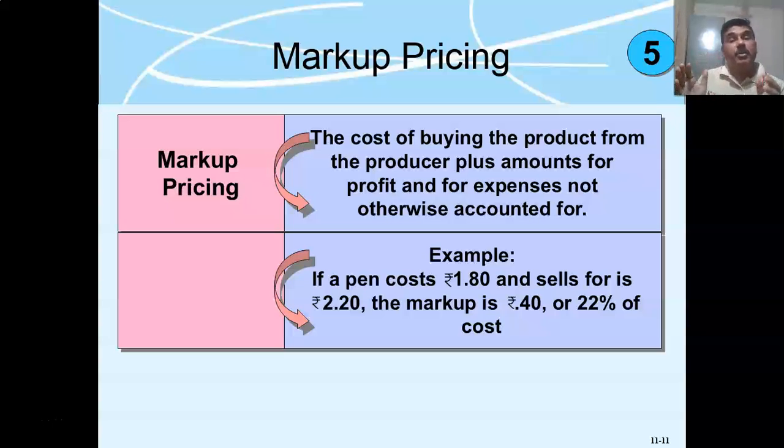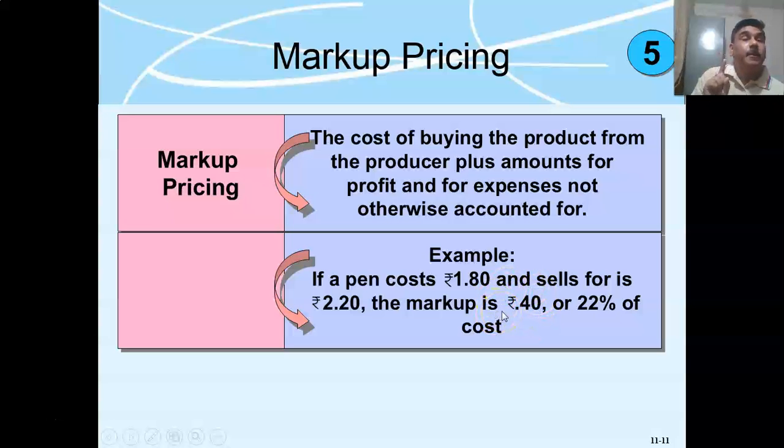So for example, if for producing a pen the cost per unit is rupees 1.80, and then the seller sells that pen at rupees 2.20, then the markup is 0.40. It means that the 0.40 accounts for two things.